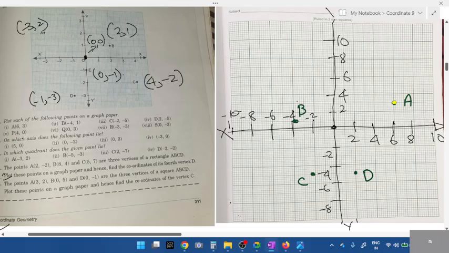Which one has value? So it should be on the x-axis, right? Positive 4. P. Tell me Q. Tell me the seventh one. Where does the seventh one lie? Minus 3 comma minus 3. Which quadrant? Both are negative, third quadrant.